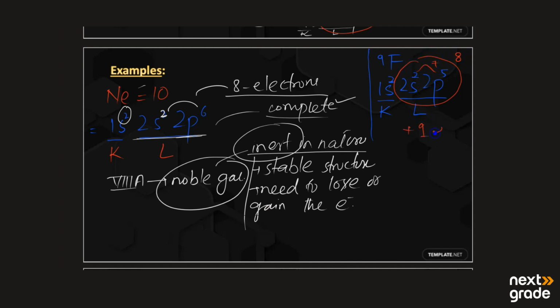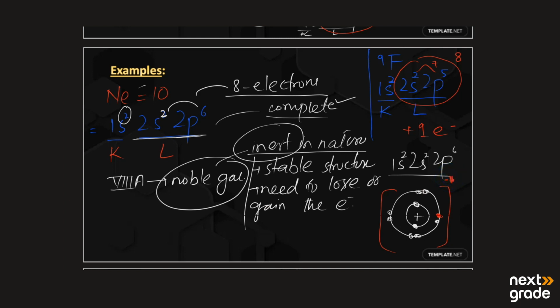By gaining 1 electron it will complete its octet, and its configuration will become 1s2, 2s2, 2p6. It becomes an anion with charge -1 because it has gained an electron. Now it is in a stable form.